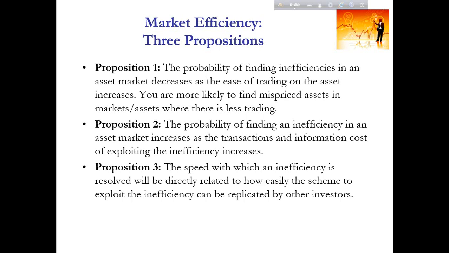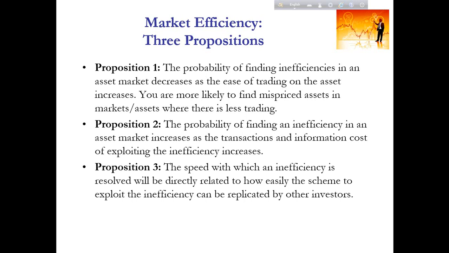But the issue is that the transaction costs associated with trading property are so exorbitant that the actual cost of exploiting mispricing is going to be greater than the potential profits that can be achieved from exploiting this mispricing. So in that particular case, we have a market where mispricing exists, but it really can't be exploited. So that's a rationale for why those inefficiencies exist.